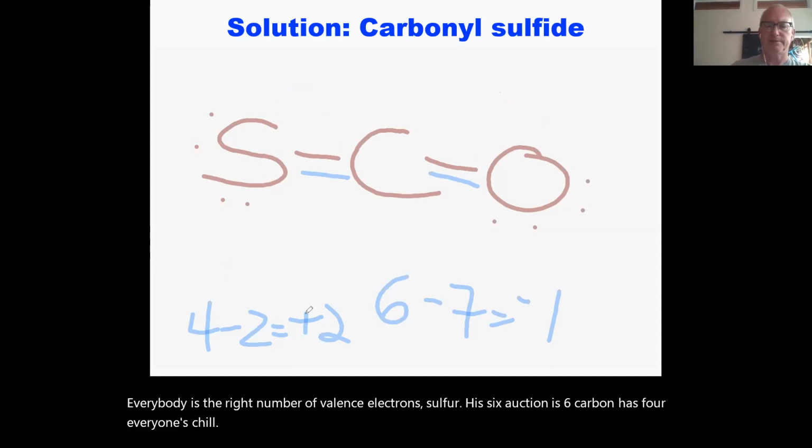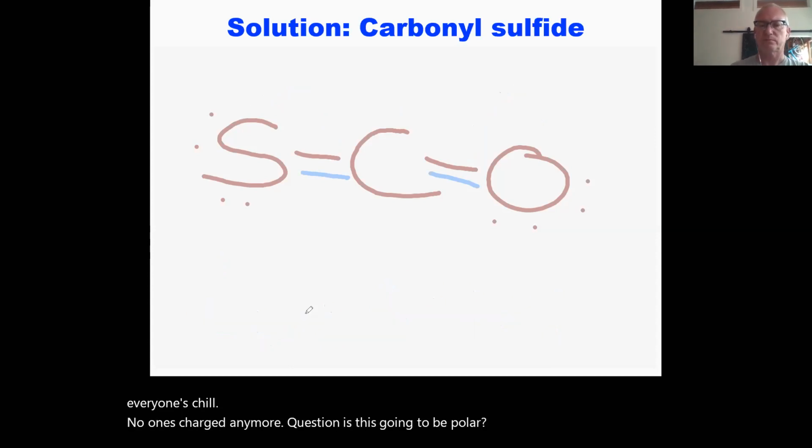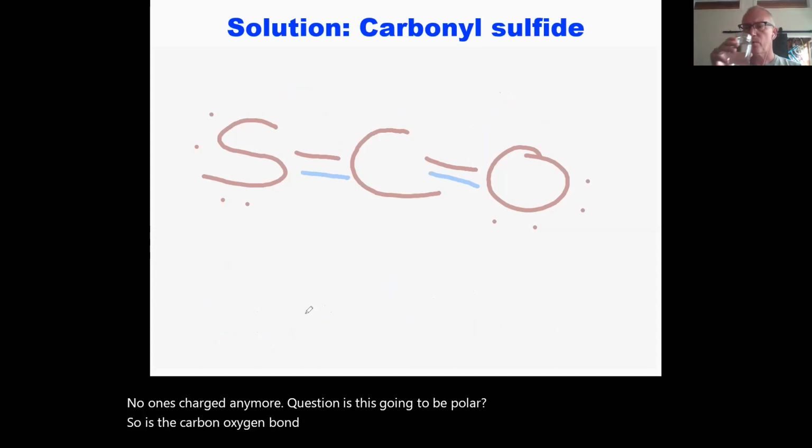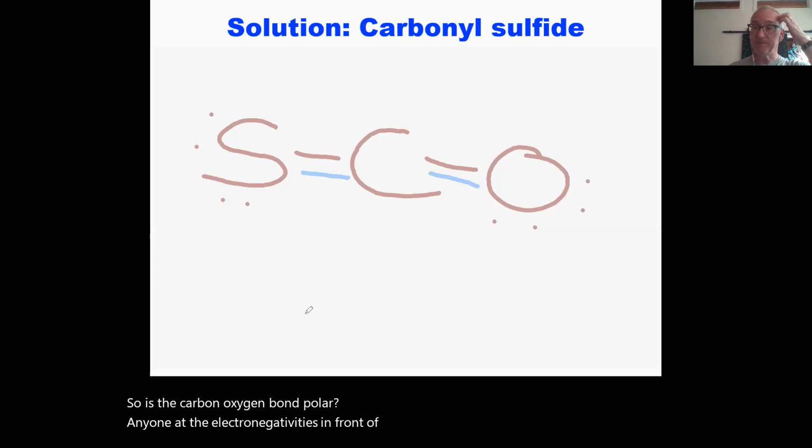The question is, is this going to be polar? So, is the carbon-oxygen bond polar? Anyone have the electronegativities in front of them? Yes. What are the electronegativities? Lay them on me.